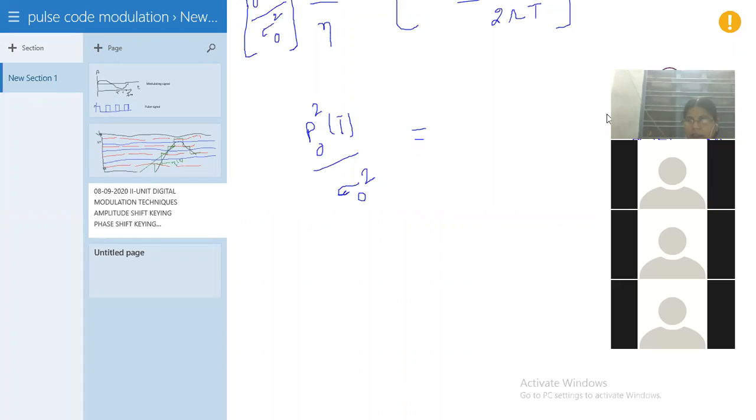At that value, P naught square divided by sigma naught square attains the maximum value. Therefore, this is equal to 2.42 into A square T by eta.